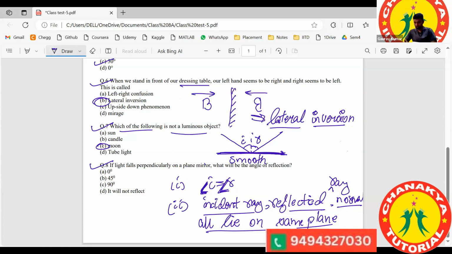Let me explain to others also. Let's say I have taken this page, and in this page I make a line like this. This line is an irregular line, but this plane is a regular one. How? Because it is uniform. But I have made an irregular line, which is not straight.